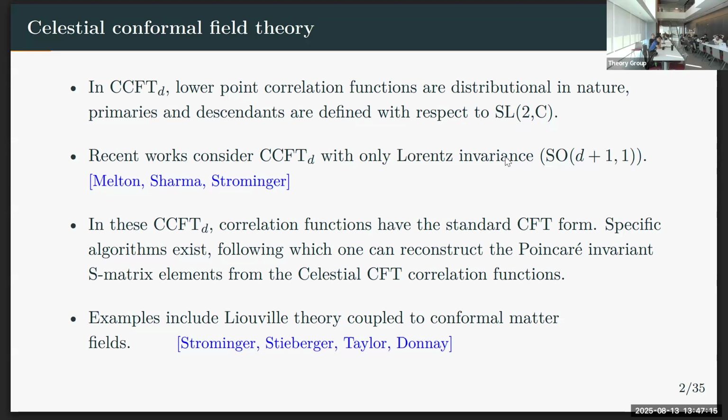In this celestial conformal field theory, the correlation functions have the standard CFT form, and there are specific algorithms following which one can reconstruct the Poincaré invariant S-matrix elements from the celestial CFT correlation functions. If you have flat space-time and slice it using Lorentzian AdS3 or Euclidean AdS3, the calculation of Witten diagrams at the boundary of this slicing corresponds to amplitudes which have only Lorentz invariance and no Poincaré invariance.